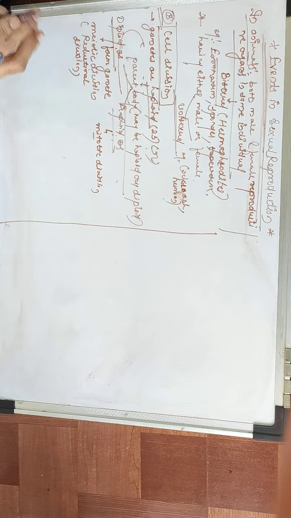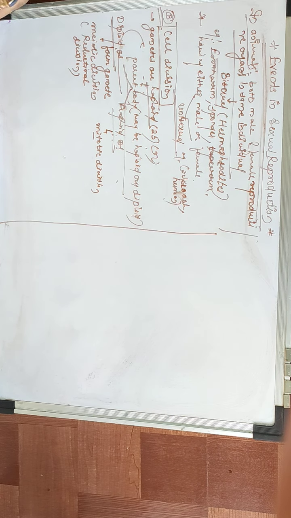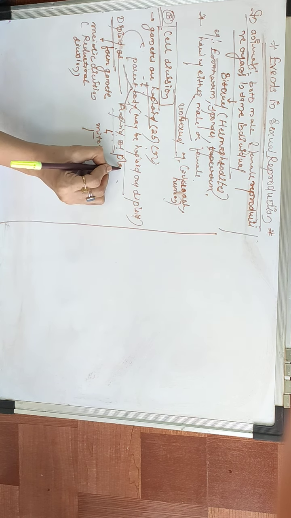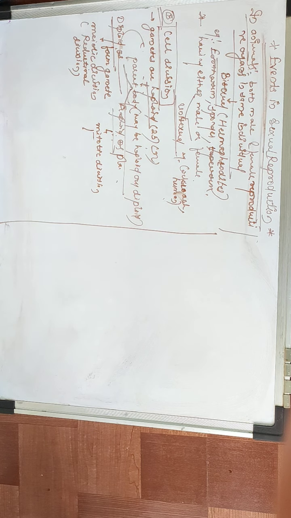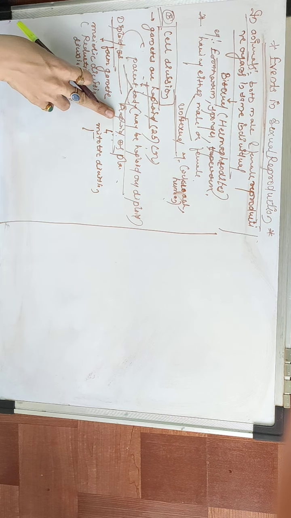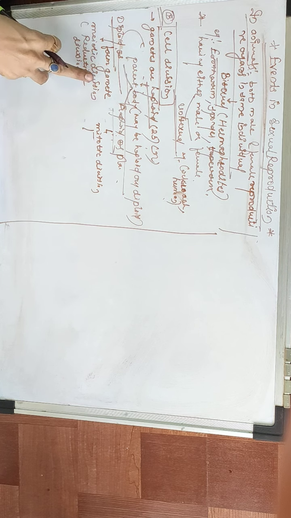Here, for example, algae, fungi, and bryophyta have a haploid plant body. We are talking about the parent's body, right? It may be haploid or diploid. So a haploid parent's body forms a gamete by mitotic division, and a diploid parent body forms a gamete by meiotic division.